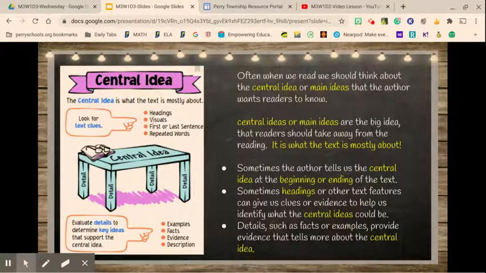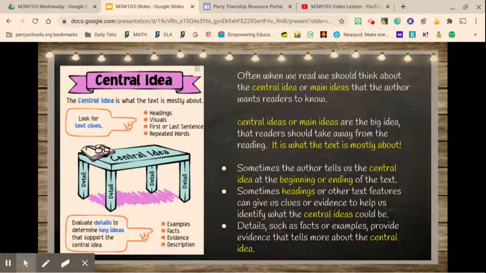So often when we read, we should think about the central idea, or main ideas, what the author wants the reader to know. So this is the important thing. It's what the author wants you to know. Central ideas or main ideas are the big ideas that readers should take away from the reading. It is what the text is mostly about.